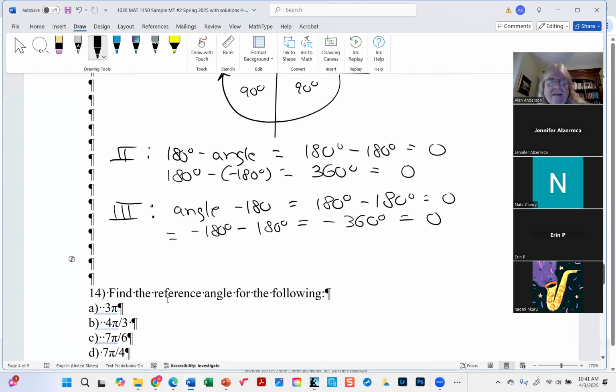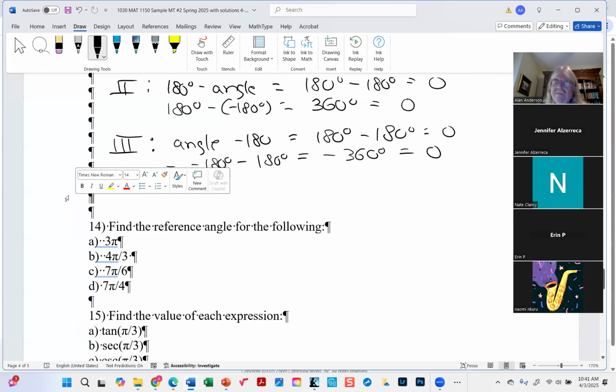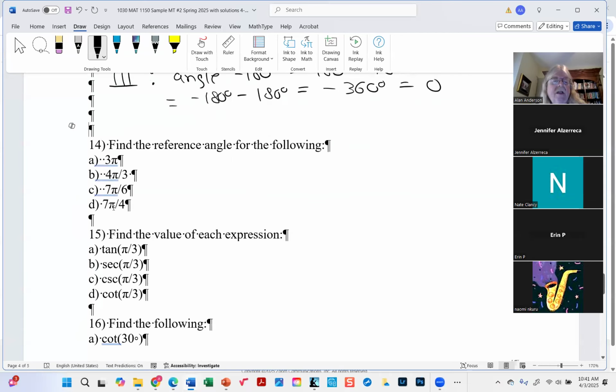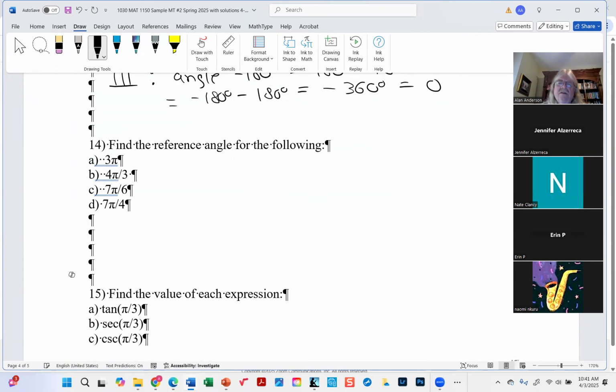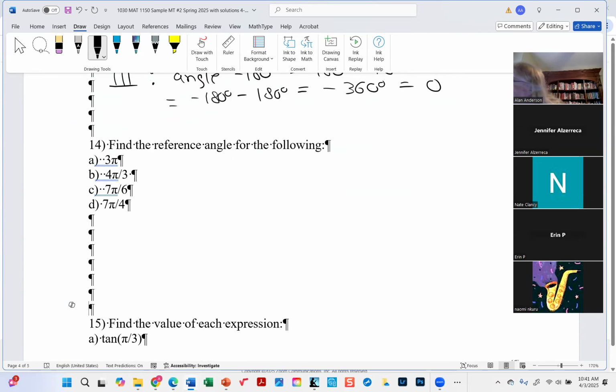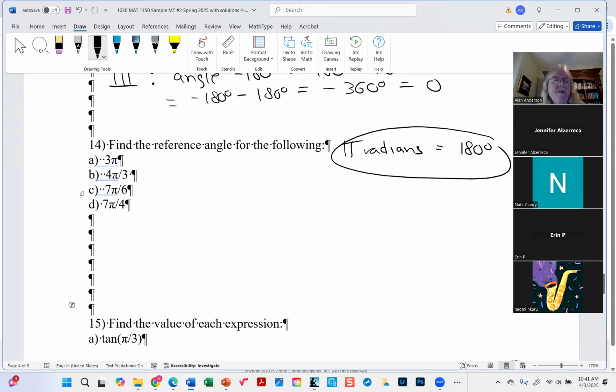Fine. All right. So now we're going to do the same thing with pi, radians, that is. And just a quick reminder, something you should never forget, pi radians equals 180 degrees. Know that and you'll never have a problem.